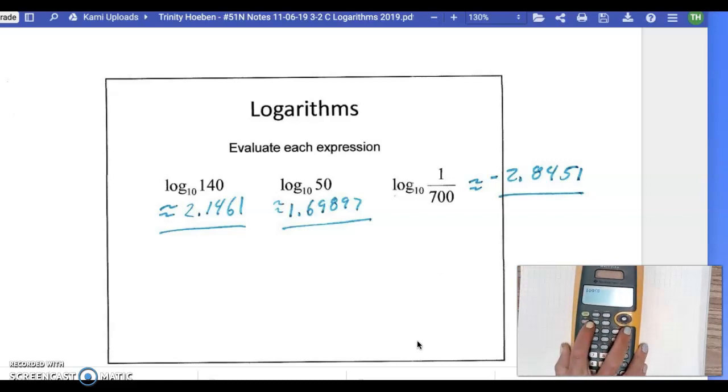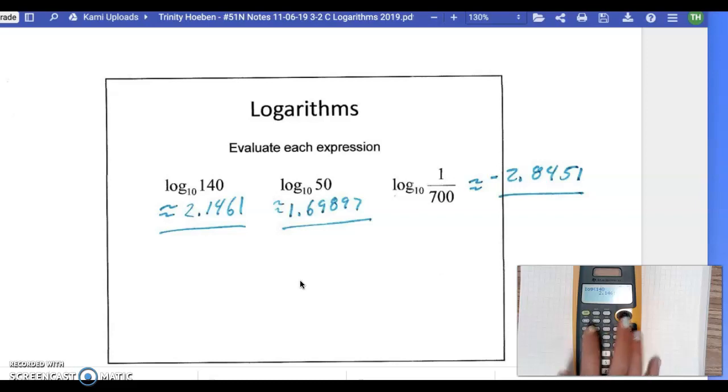So we hit log of 140 and then just hit the equal sign, and it's going to give us roughly 2.1461. You use that little wavy equal sign just to show that you've rounded. Let's round to four decimal places. Log of 50, I'm not even going to show you.